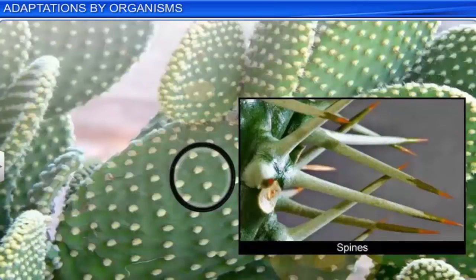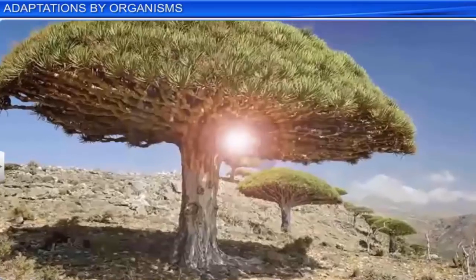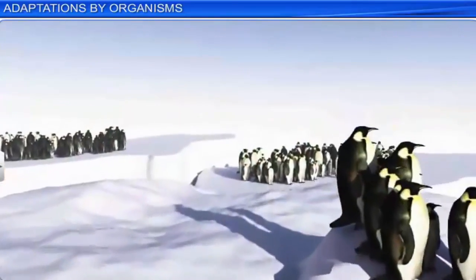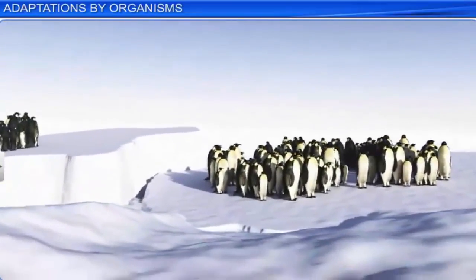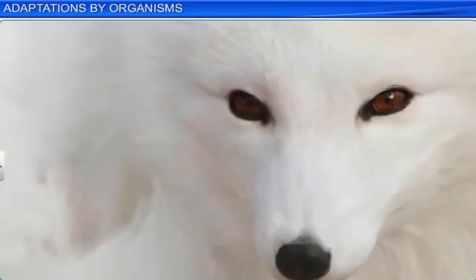Some desert plants like the opuntia have leaves that are reduced to spines, and its flattened spongy stems perform photosynthesis. While some plants and animals have adapted to prevent the loss of water, some animals, particularly those found in colder regions, have adapted themselves to prevent the loss of heat.